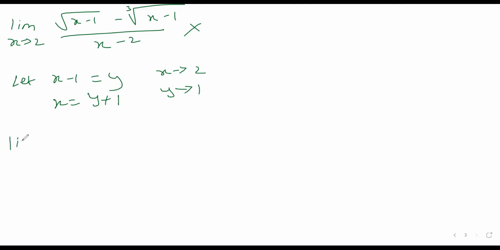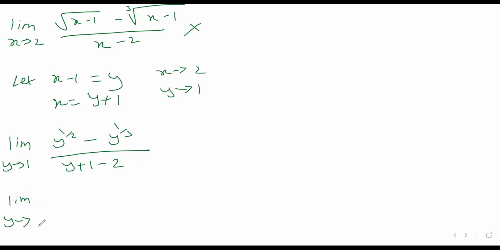So this can be written as limit y tends to 1, y raised to 1 by 2 minus y raised to 1 by 3, upon x is y plus 1, y plus 1 minus 2. So limit y tends to 1, y raised to 1 by 2 minus y raised to 1 by 3 upon y minus 1.